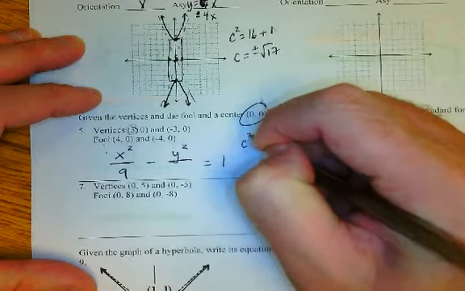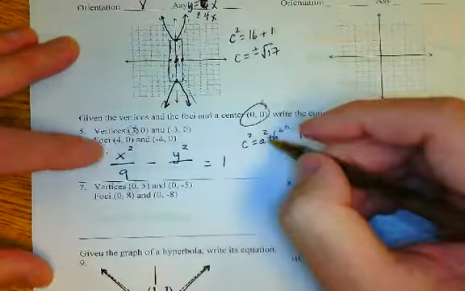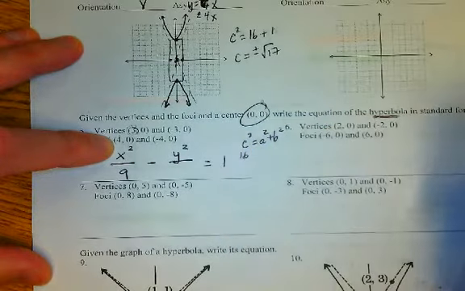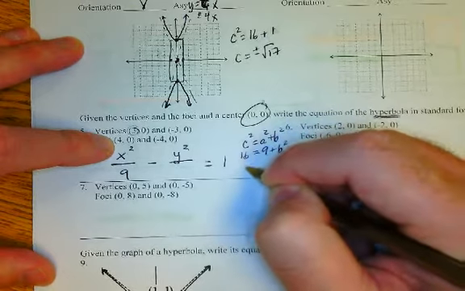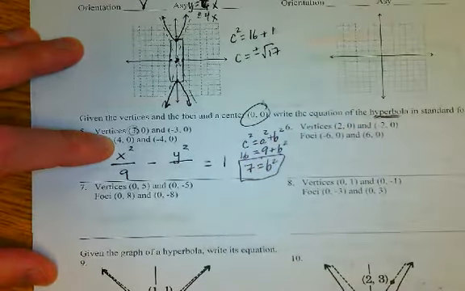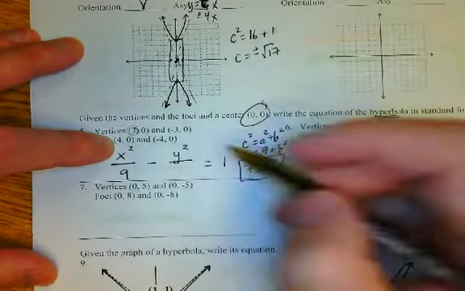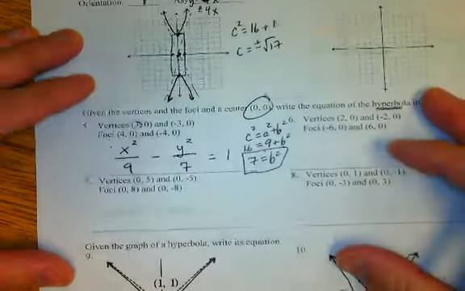So I know, according to the equation for a focus, c squared equals a squared plus b squared. So I'm going to write 16, because that's c squared, equals 9 plus b squared. So if I subtract them, I get 7 is equal to b squared. And I can stop right there because b squared I need in my equation. So I'm going to write a 7 there. And that becomes my equation.